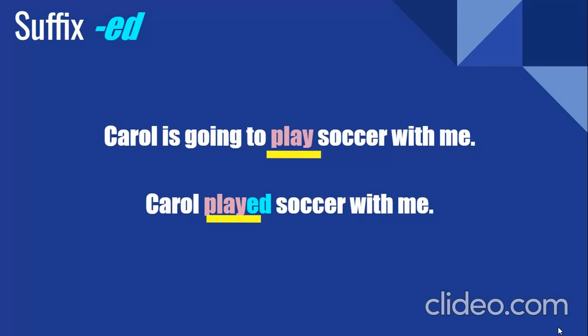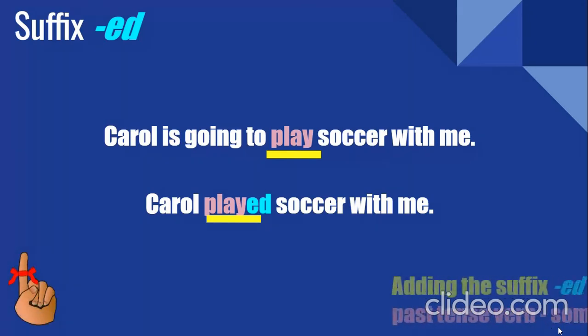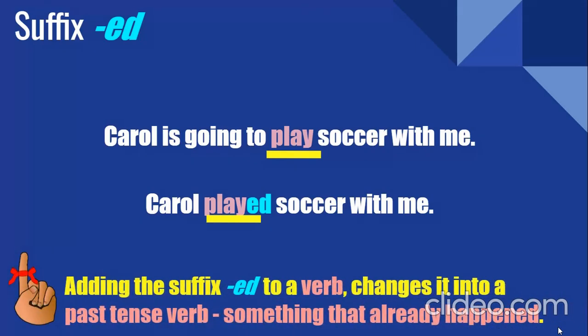It means that the action ended. She played soccer with me, and now we are done. Finished. So remember that by adding the suffix ed to a verb, we are going to change the tense to a past tense, something that already happened.